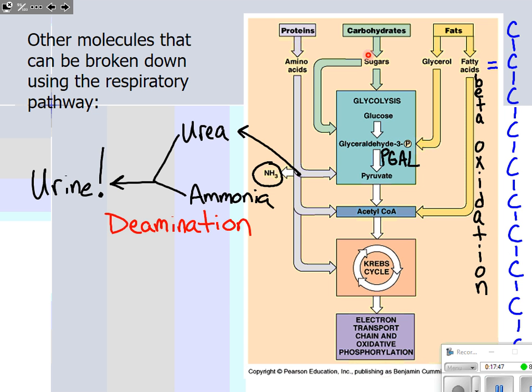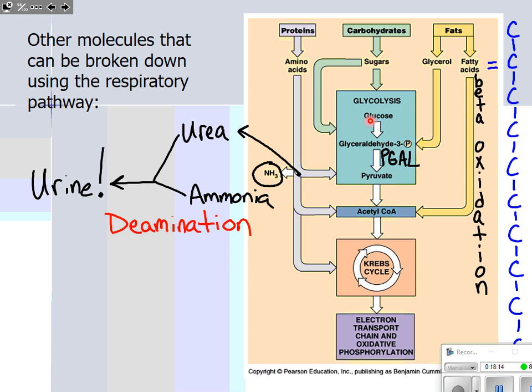It's a little confusing. So I'm going to digest my protein. I'm going to break it down into amino acids. If it's a 2-carbon amino acid, I'm going to turn it into acetate, and I'll simply run it through the Krebs cycle. If it's a 3-carbon amino acid, I'll turn it into pyruvate, and I'll begin the process with the formation of acetyl-CoA.